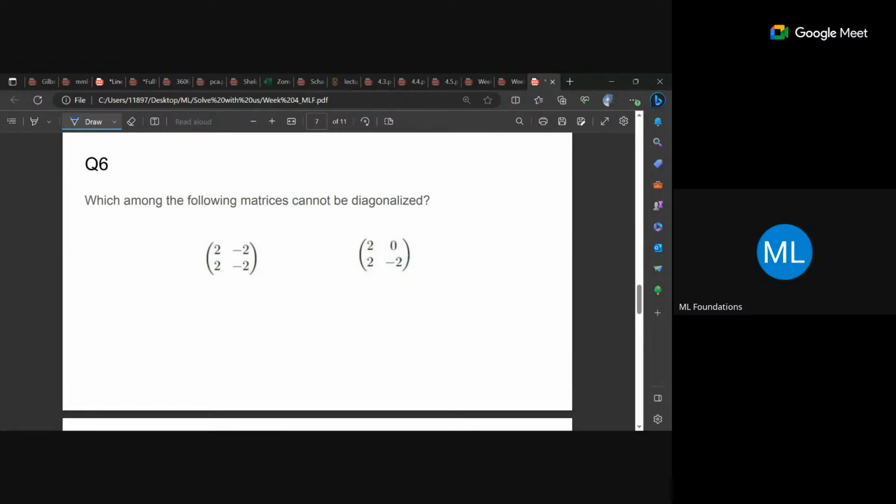You have two matrices here and you have to check which of them cannot be diagonalized.